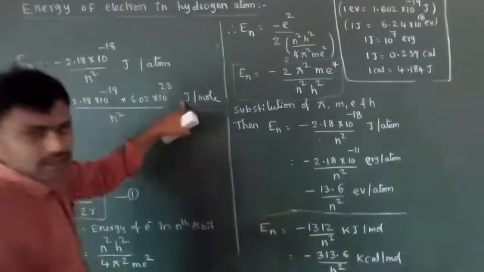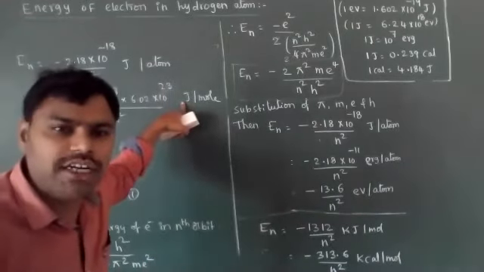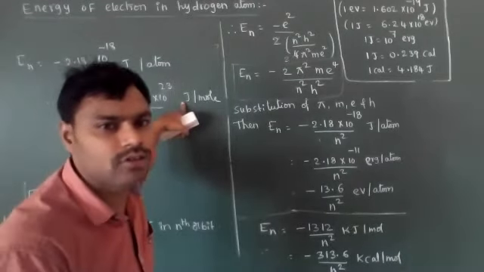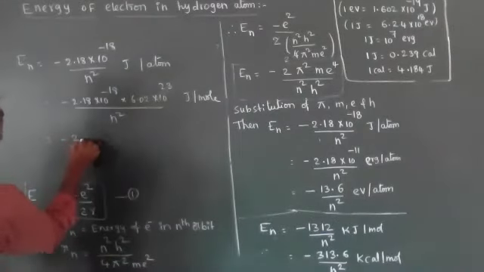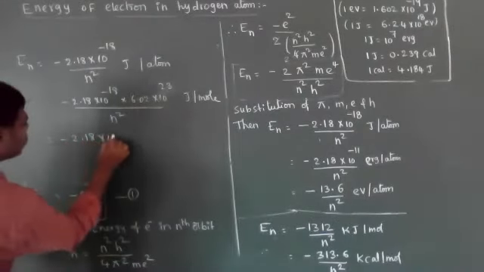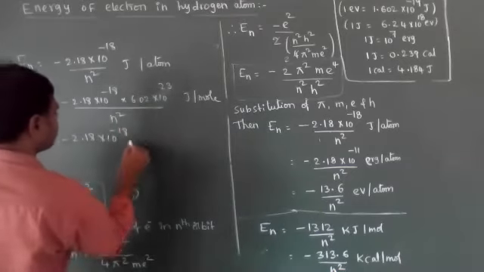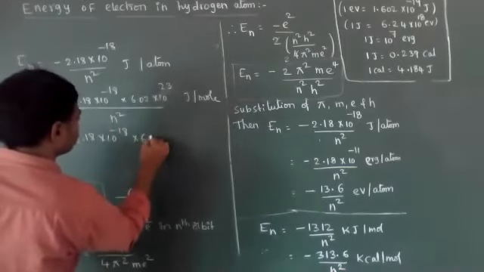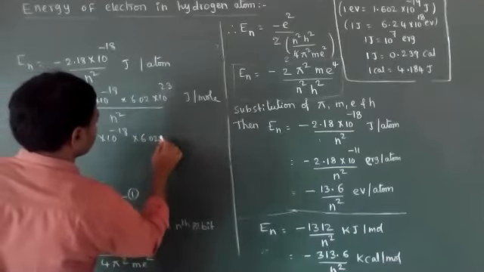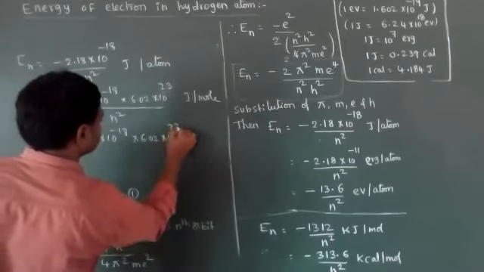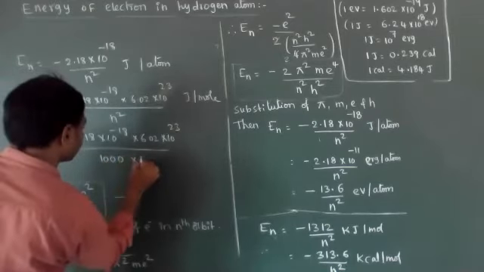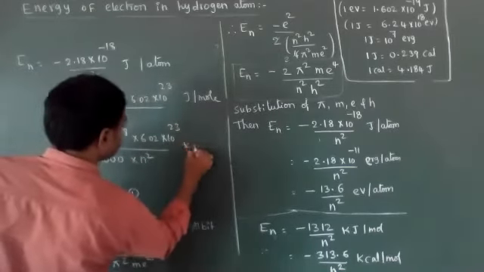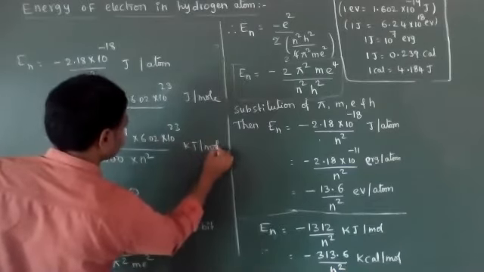So this is for joules. If you want to convert joules into kilojoules, what do we have to do? Divide by 1000. Then minus 2.18 into 10 to the power of minus 18 into 6.02 into 10 to the power of 23 by 1000 into n square. That is kilojoules per mole.